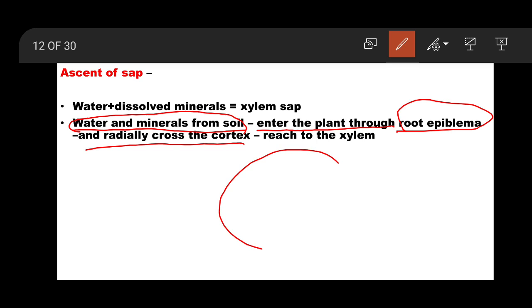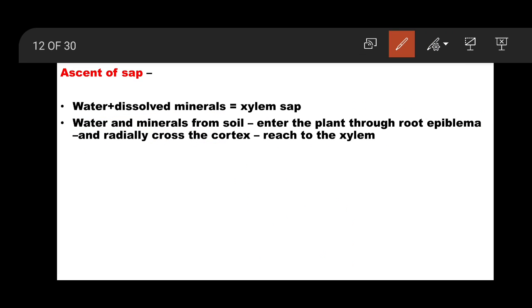So there is movement along the radius, crossing the cortex and reaching inside to the xylem.